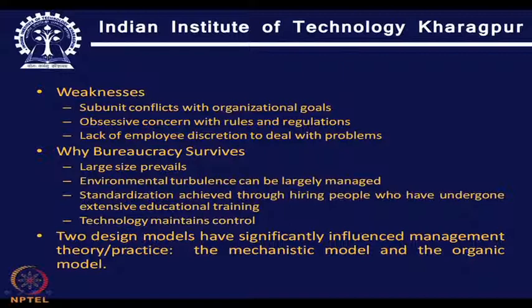So, bureaucracy prevails. In cases of environmental turbulence, it can be largely managed, like if there are certain established ways of doing things and people are guided by rules and regulations, they know how to stick together, and cohesiveness may increase.